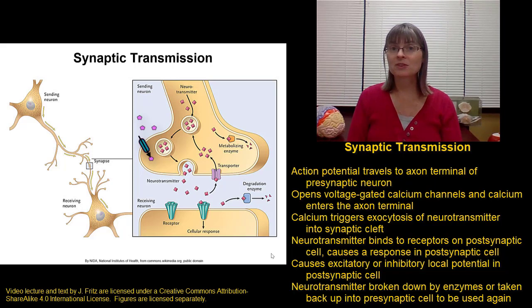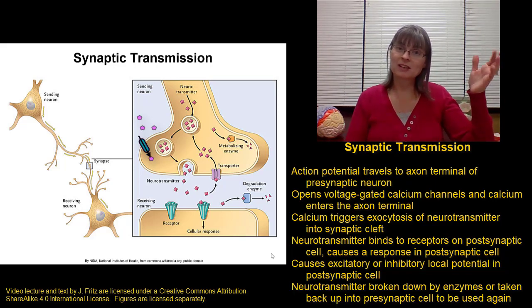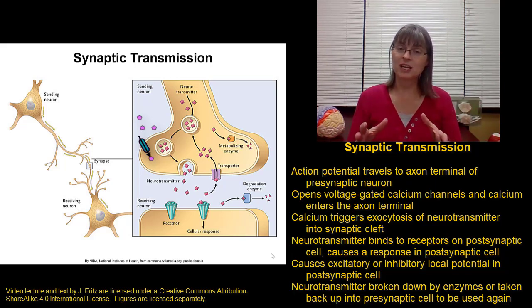A specific case where this is important is in the case of serotonin. Remember that serotonin is a neurotransmitter that's related to feelings of well-being, and it's one of the targets of some antidepressant medications. A specific type of medication is called a serotonin reuptake inhibitor. The way this works is that the presynaptic cell signals and releases serotonin into the synaptic cleft.